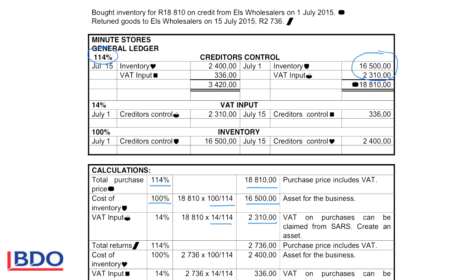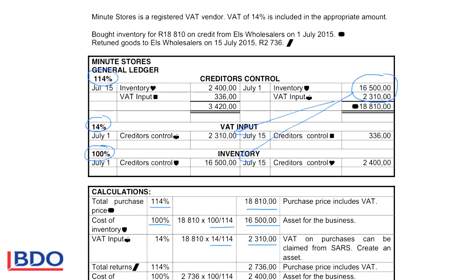The VAT account is a 14% account, and we will debit that input with the 2,310, and this is the amount that we can claim back from SARS. Then the inventory will be debited with the 16,500 to increase the value of our asset with the 100% excluding the VAT.